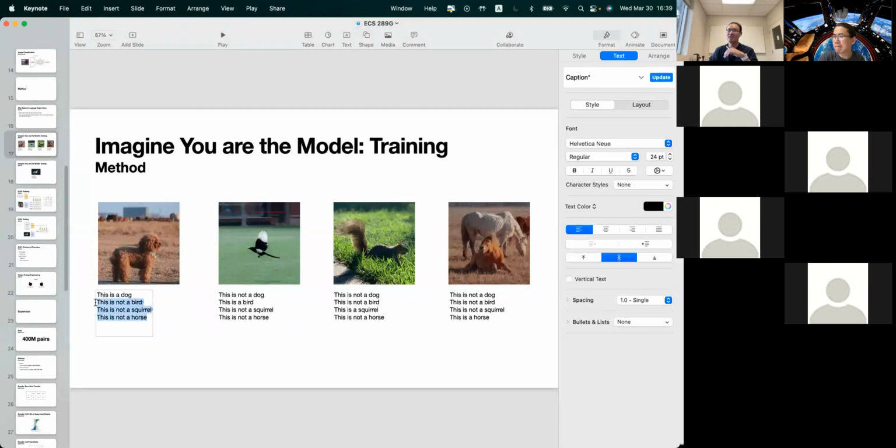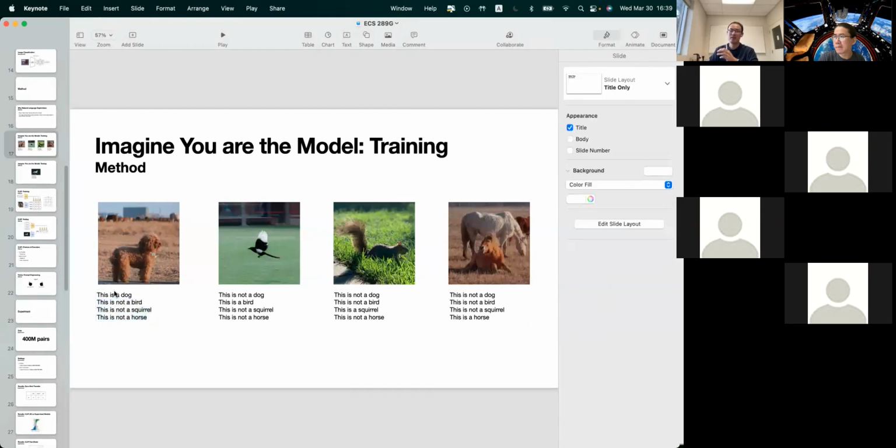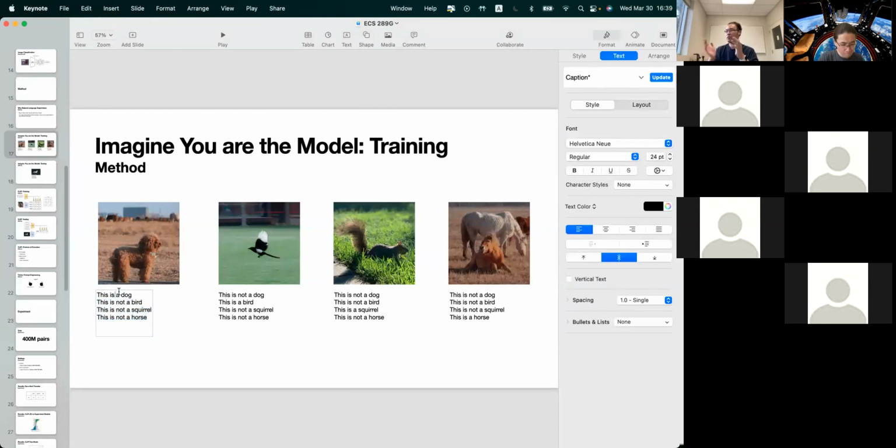Humans may find this quite robotic, not natural, but it is necessary for the model to learn how to distinguish the dog image and dog sentence from the other different representations. So there's an area called contrastive learning that uses a similar idea to pull apart different images and text.